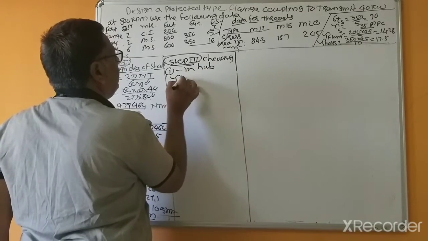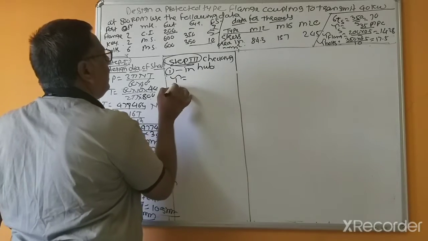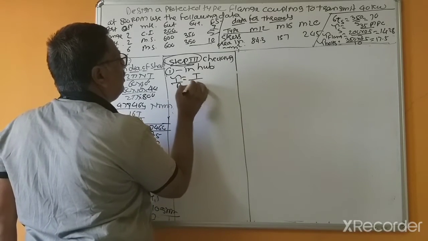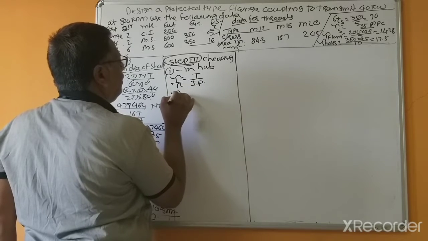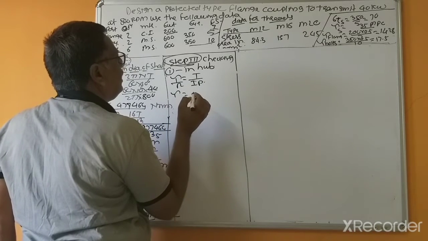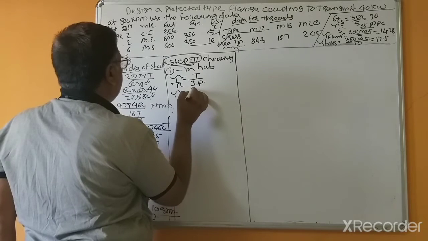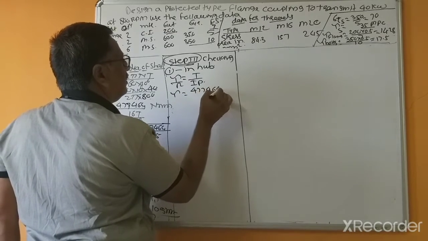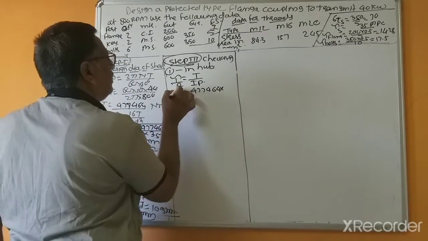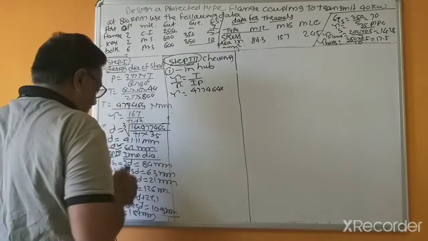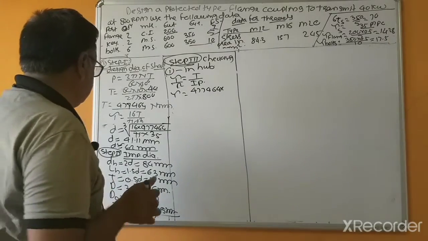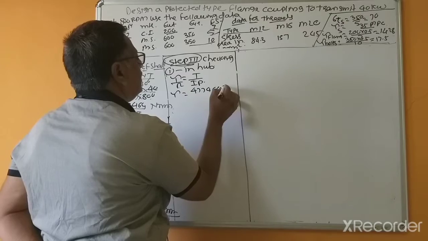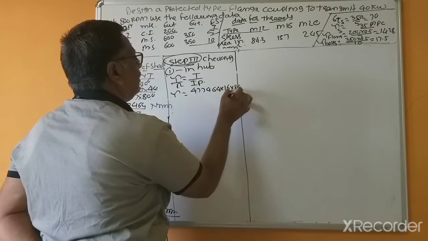Now directly, tau divided by R equal to T divided by polar moment of inertia, and tau equal to, directly I am writing T, 477,464 multiplied by this R equal to DH by 2, 84, 16, 84.